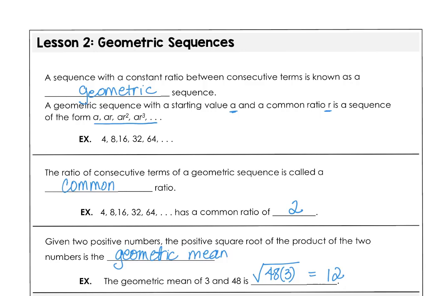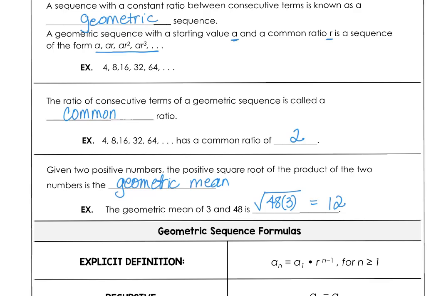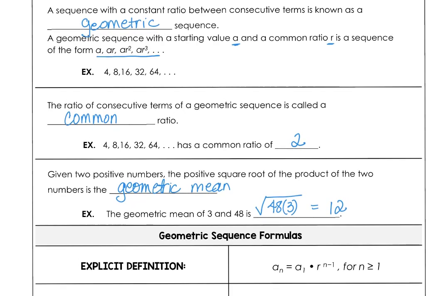That tells us that 12 is equally spaced between 3 and 48. So if you think about the sequence, 3 times 4 is 12, and 12 times 4 is 48. So 12 is our middle term.